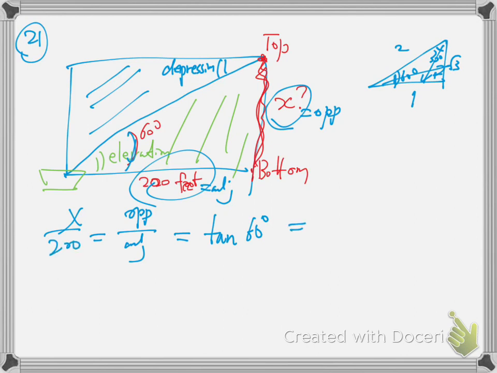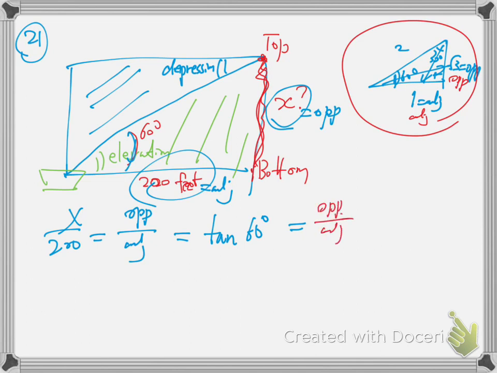And for the smaller triangle, let's change the color. I use red for opposite and adjacent of 60 for the smaller one. So this is radical 3 over 1.